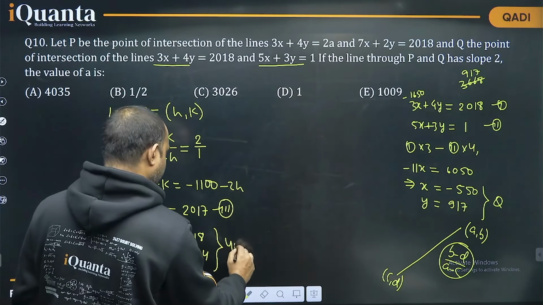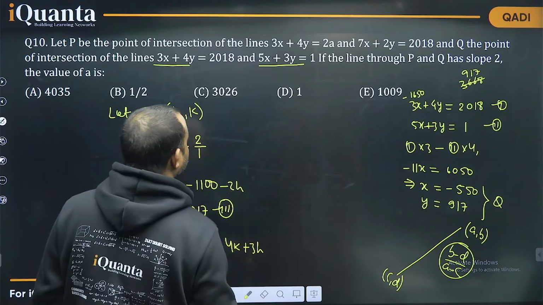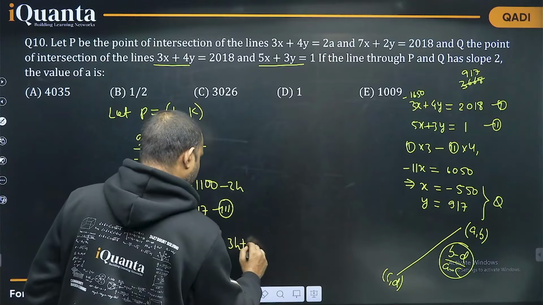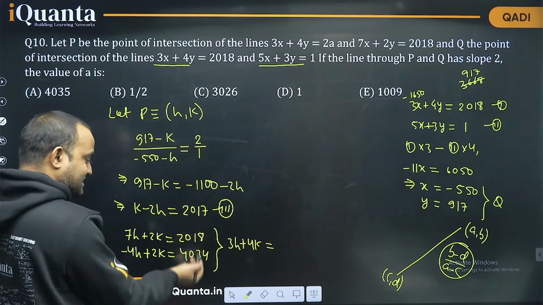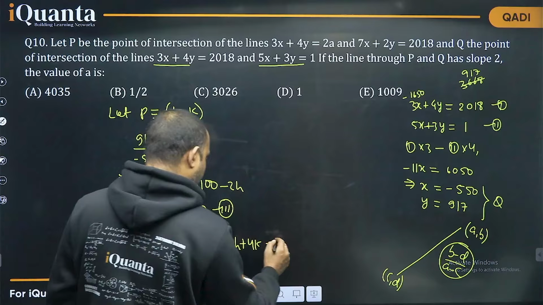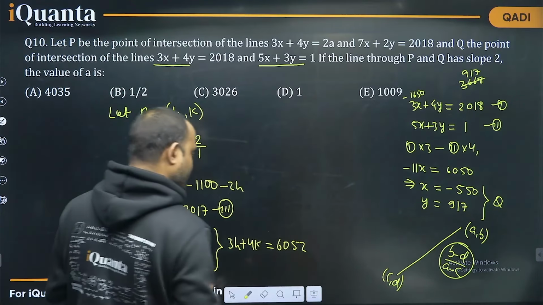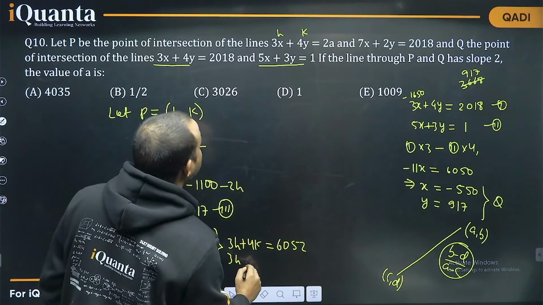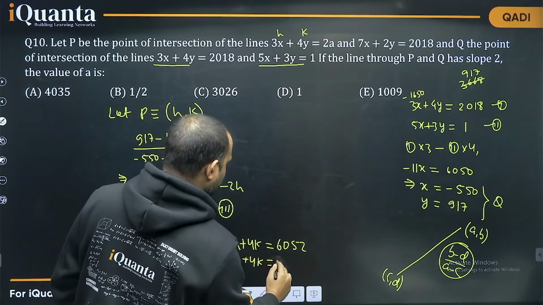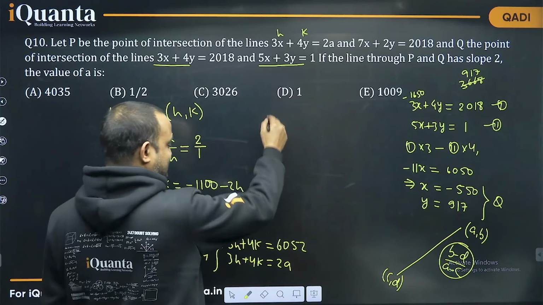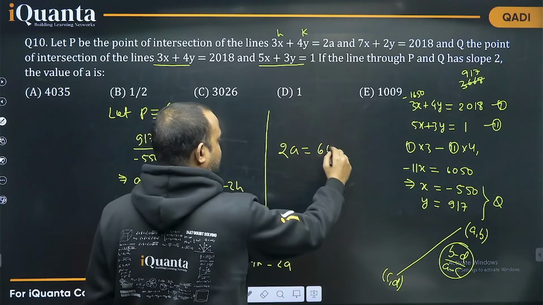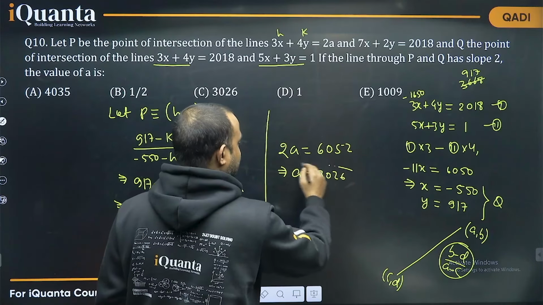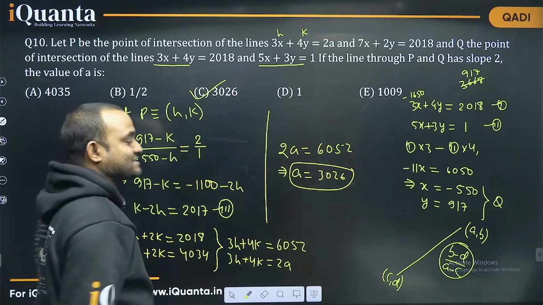We are getting 4K plus 3H, or in that order, 3H plus 4K will be equal to, we are just adding, this will become 6052, right? And according to this, if I put H and K here, this is nothing but 3H plus 4K is equal to 2a. Comparing this, can I say that 2a is equal to 6052, or a will be equal to 3026? So option C is the correct answer.